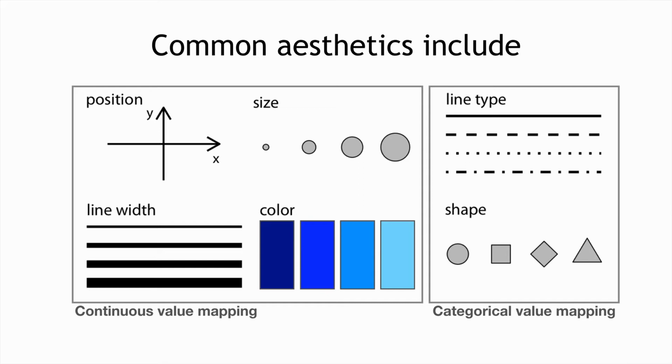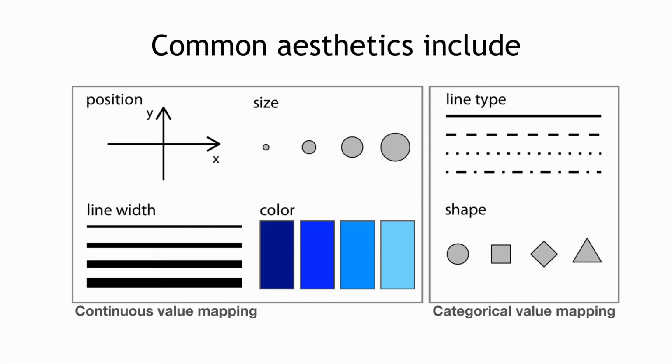What would be usefully represented by these types of features? So if we have things called continuous values or variables, like varying numbers that change in their magnitude, for example, these will map well onto things like position or size or line width, and also color, as in this example, if we can faithfully alter the properties in a graduated fashion that conveys the data value changes.